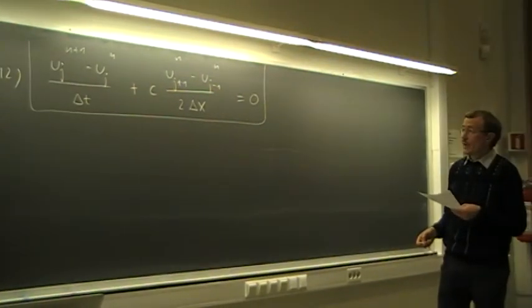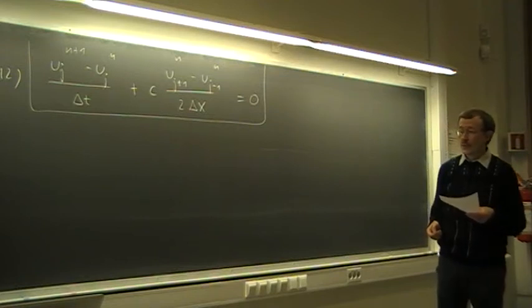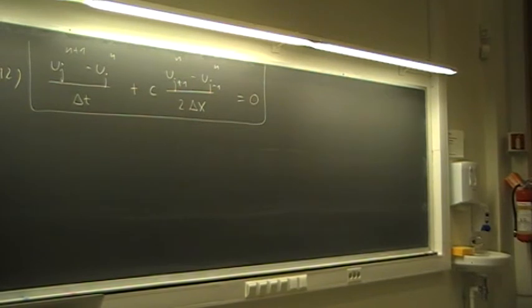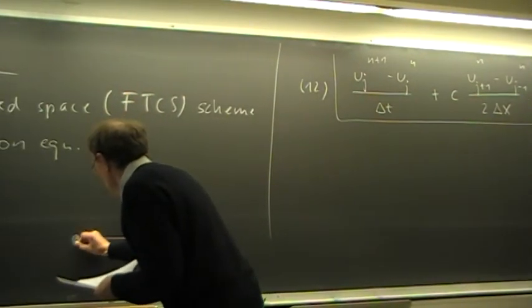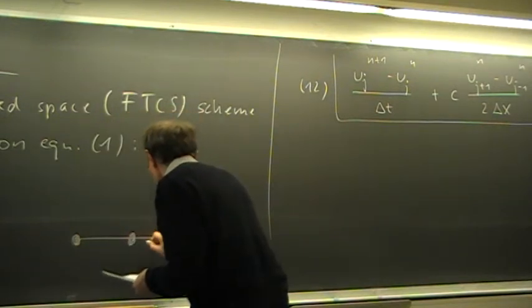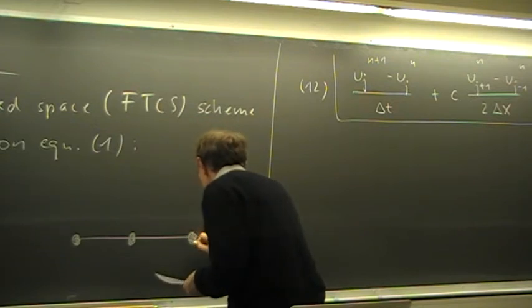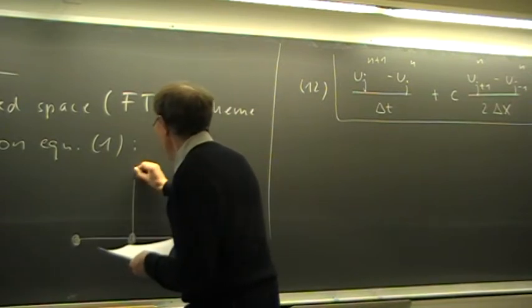We can characterize that again by our stencil or difference molecule, and in that case it would look like we have x_{j-1}, x_j, and x_{j+1}. And then we have the new time level here.